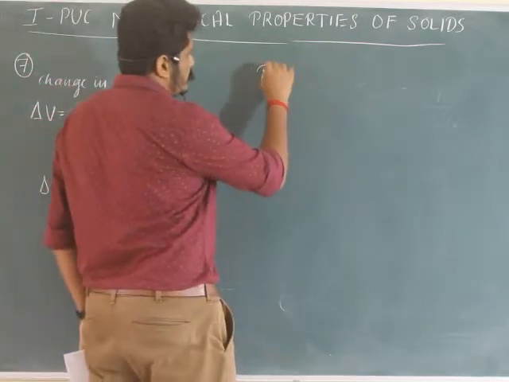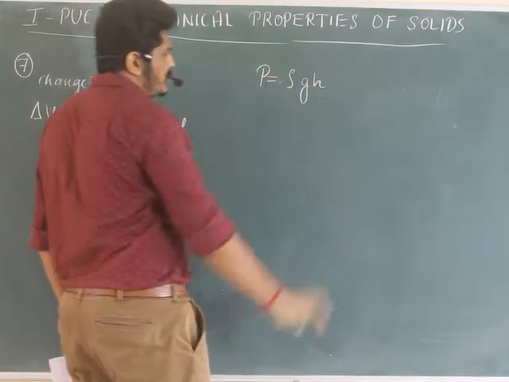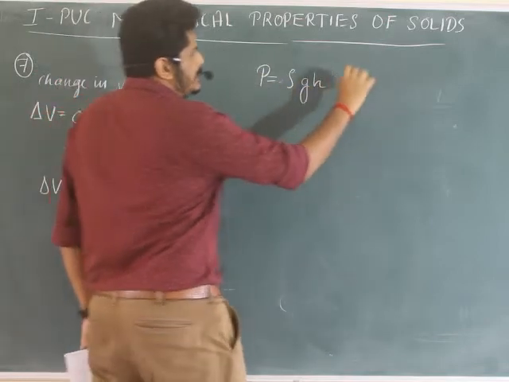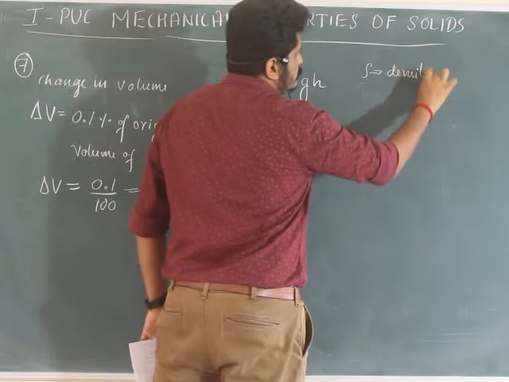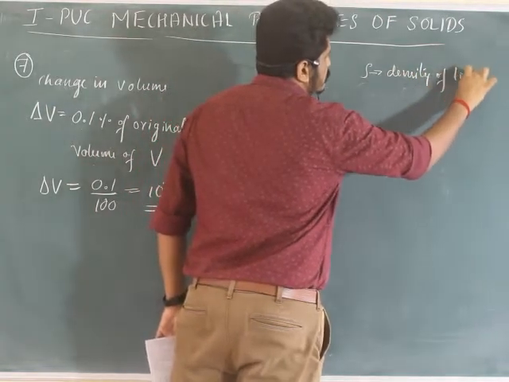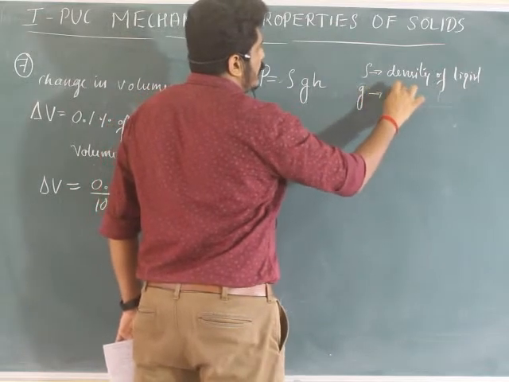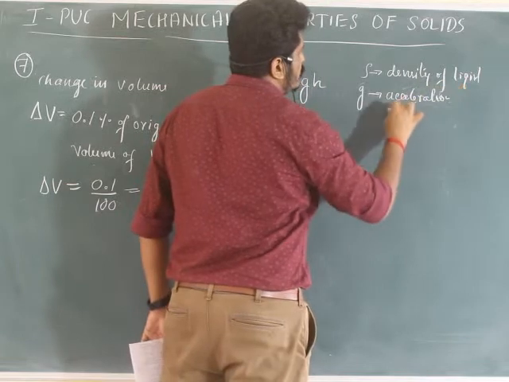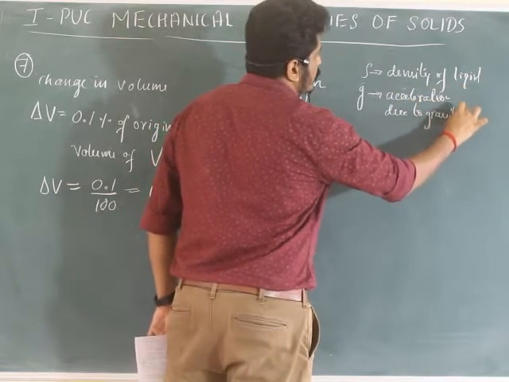So P is equal to pressure of liquid is equal to rho g h. So what is rho? You know, rho means density of liquid. Next, g means you know acceleration due to gravity.